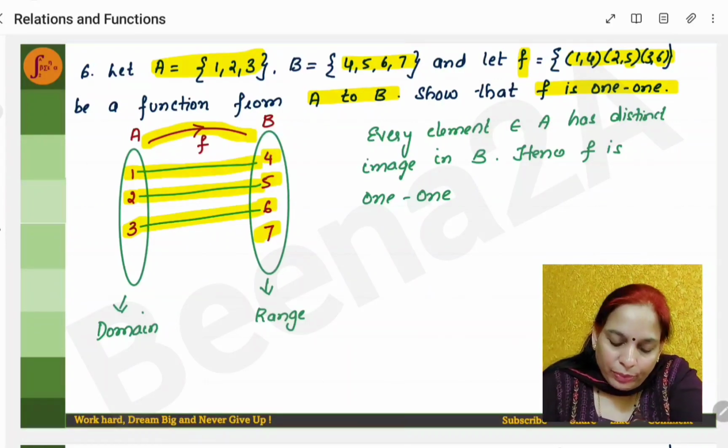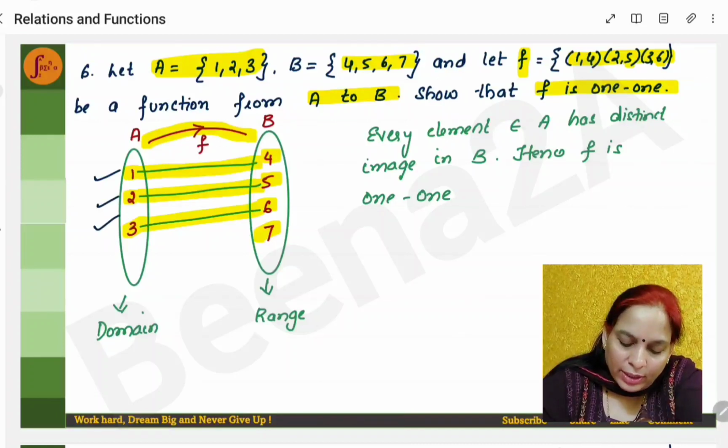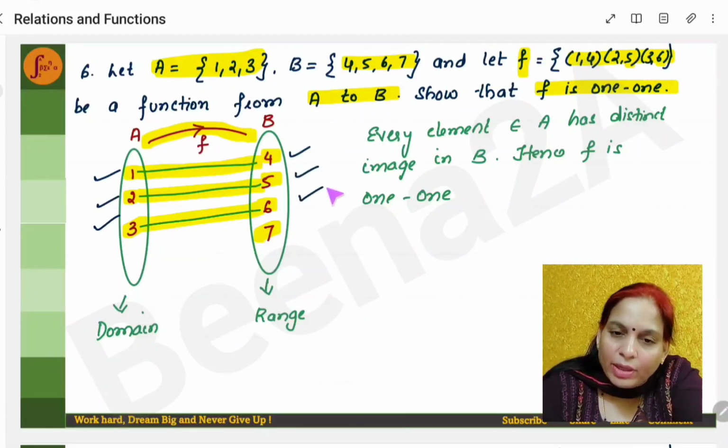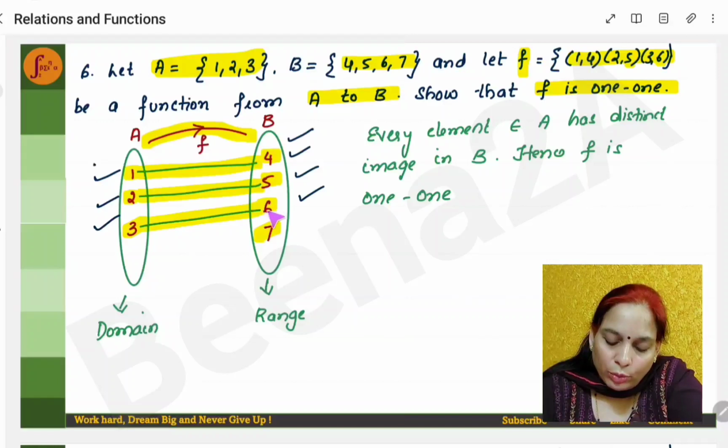Is it 1, 1? It is 1, 1 because every element in this particular set is having a different image. 1 is mapped to 4, 2 is mapped to 5, 3 is mapped to 6. So every element here is mapped to a different element in this set. Therefore, this is 1 to 1.